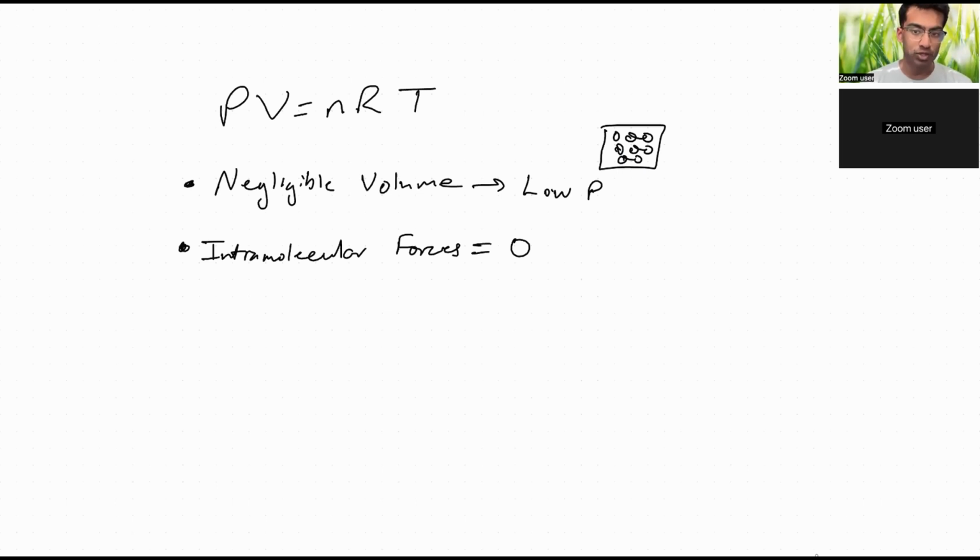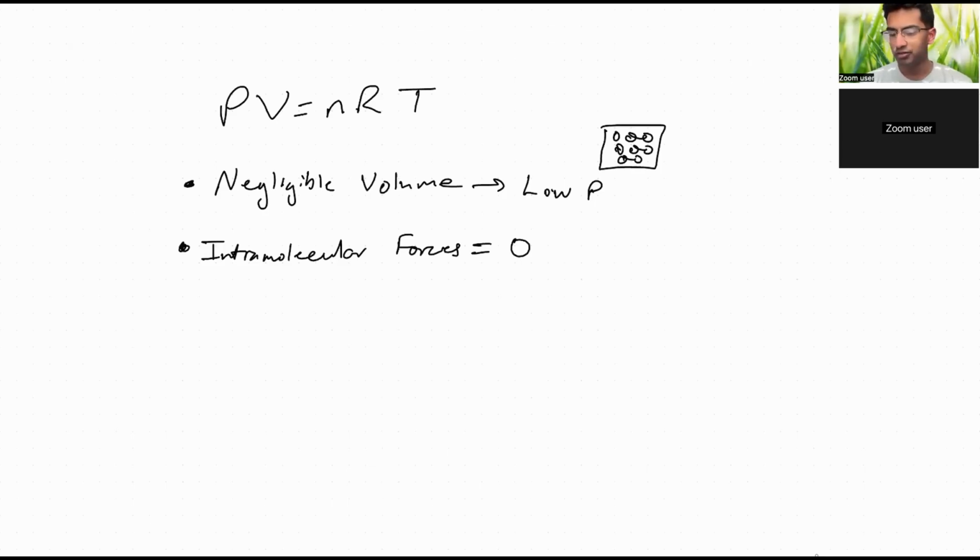And now if we look at intermolecular forces, it's the exact opposite, right? So instead of pressure, you have to think about, okay, what could cause these intermolecular forces to actually be negligible, to be equal to zero? And in this one, we can look at the temperature. Temperature really is just the measure of the average kinetic energy of these molecules.